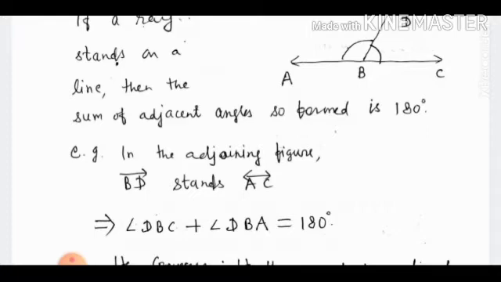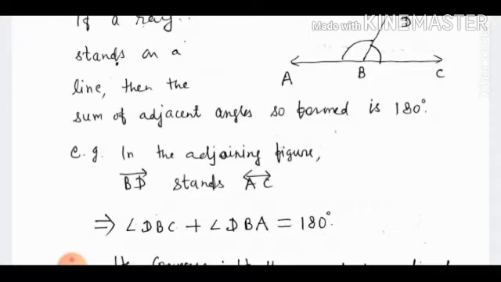Its converse. In its converse, the condition and results are interchanged. Here the condition is a ray stands on a line, and the result is the sum of adjacent angles so formed is 180 degree.